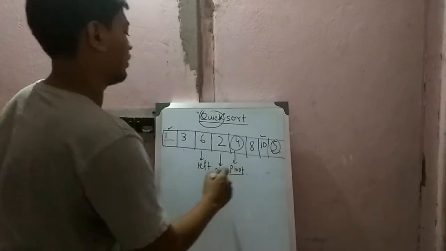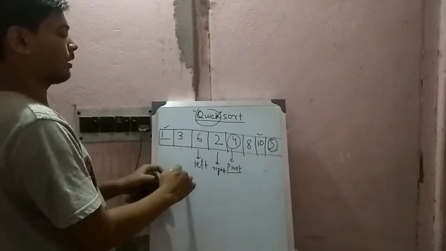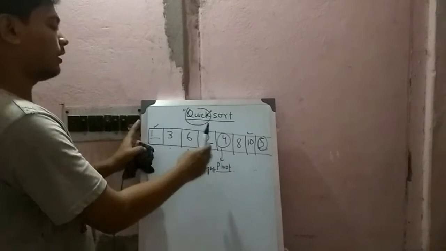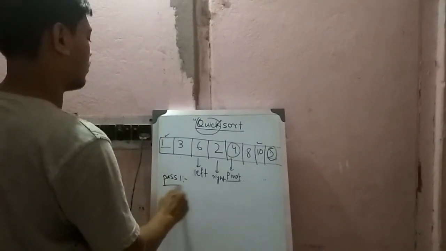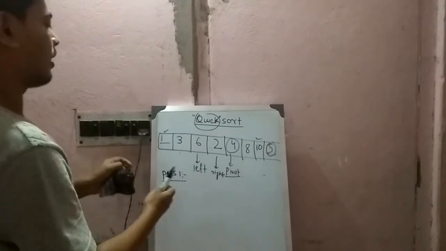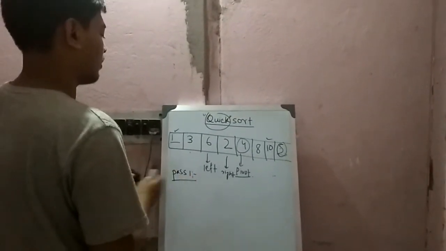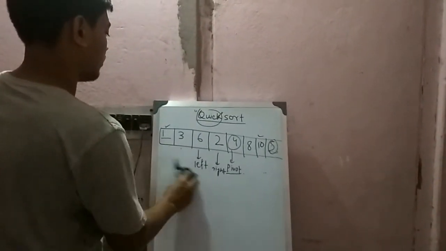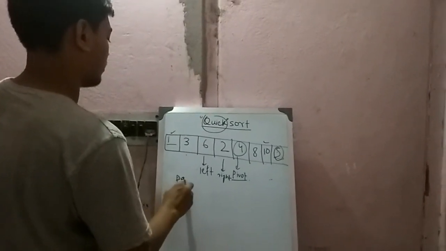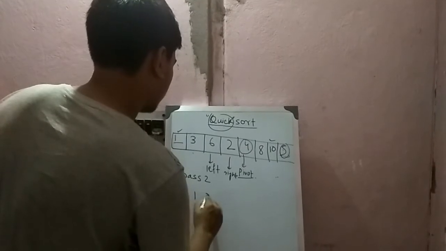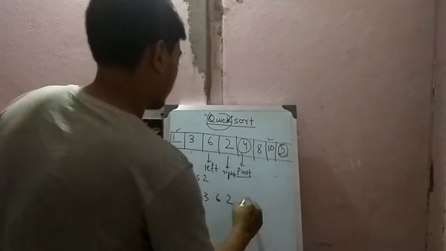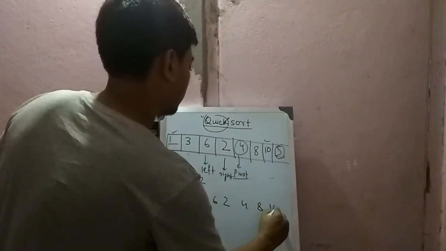So we have come across one pass. After pass 1, we can see the result, and then after the second pass, pass 2, the elements are 1, 3, 6, 2, and 4, 8, 10, 5.